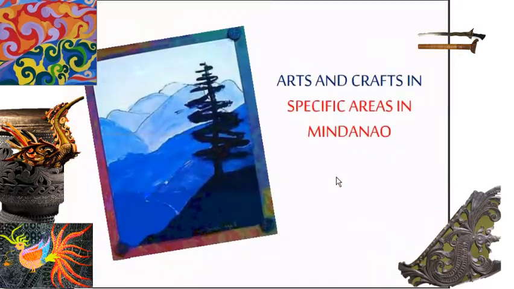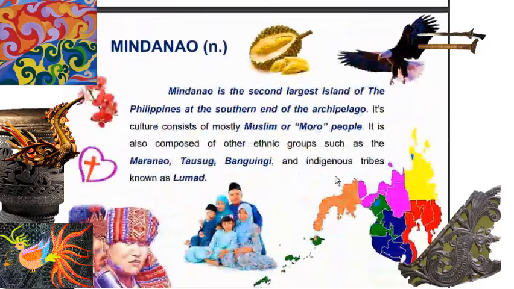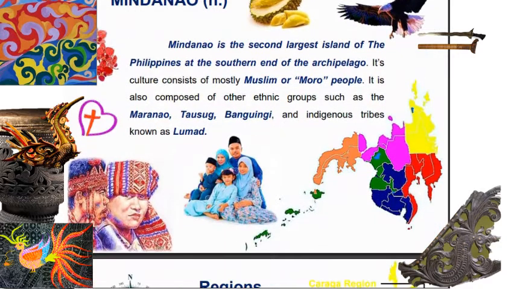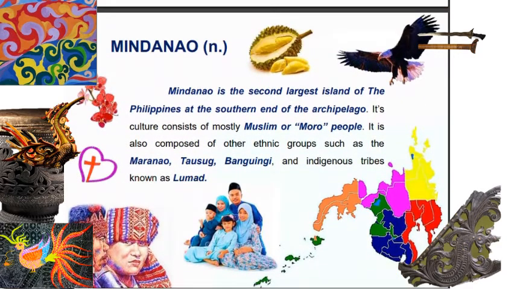Let's go with arts and crafts in specific areas in Mindanao. Mindanao is the second largest island in the Philippines, at the southern end of the archipelago. Its culture consists of mostly Muslim or Moro people. The groups of Mindanao include the Tausug, the Bangingi, and the indigenous tribes known as Lumad.